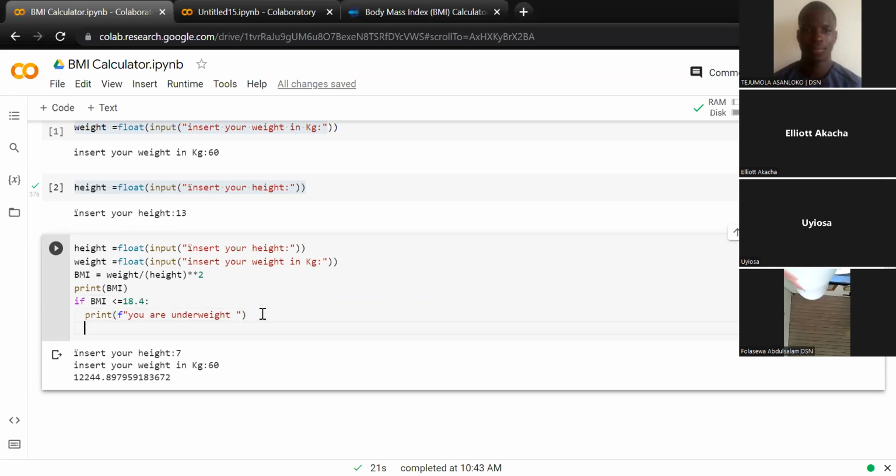Now, if BMI is less or equal to 24.9, then you are healthy.